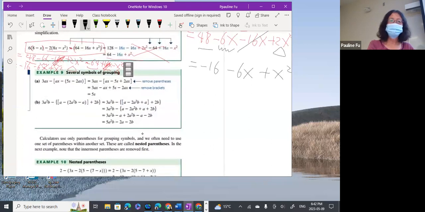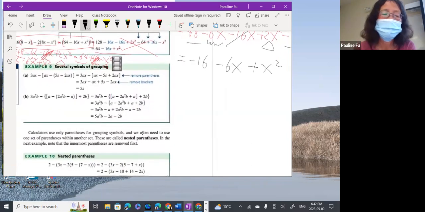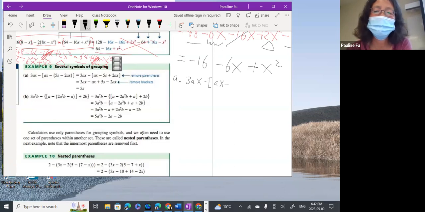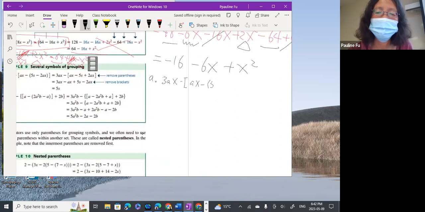Okay. Example 9. This time I will copy the question. Example 9a. 3ax minus square bracket ax minus round bracket 5x minus 2ax closing bracket, closing bracket.